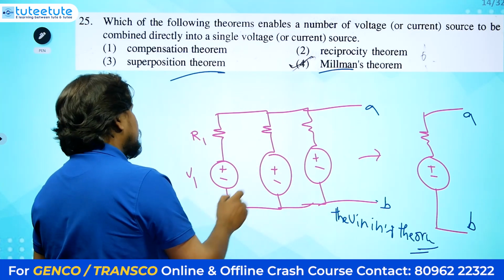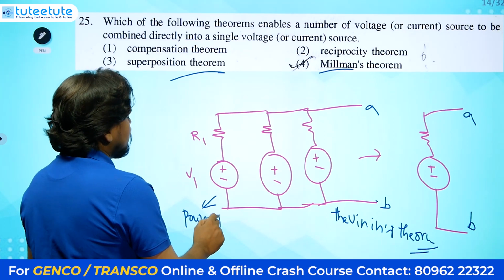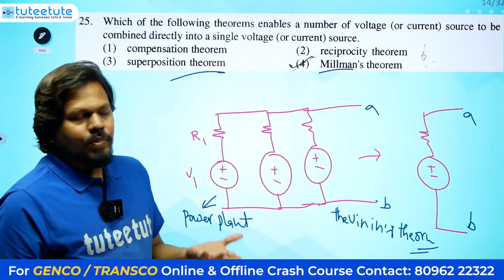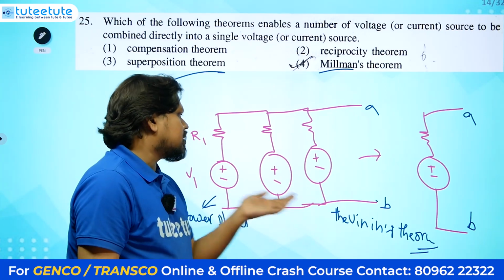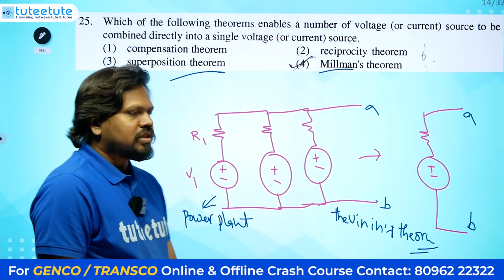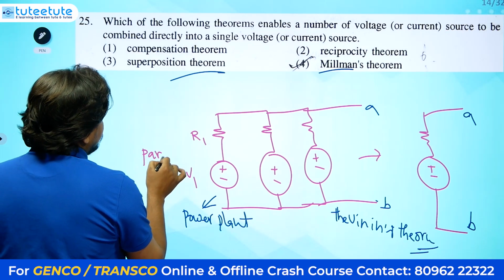So what is this called? This is nothing but a power plant. There will not be only one unit in a power generating station; many generators will be connected like this. This is also called a parallel generator system.